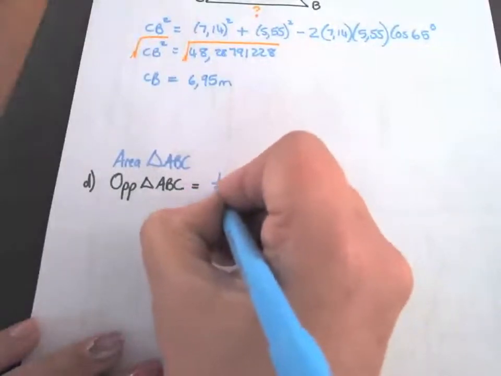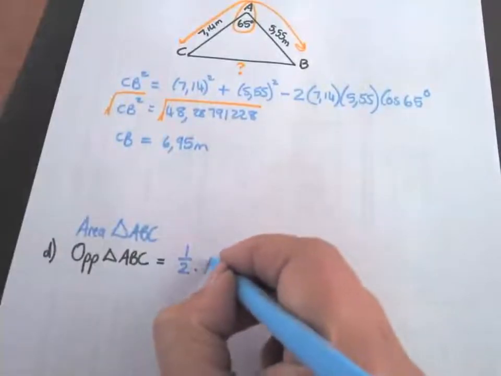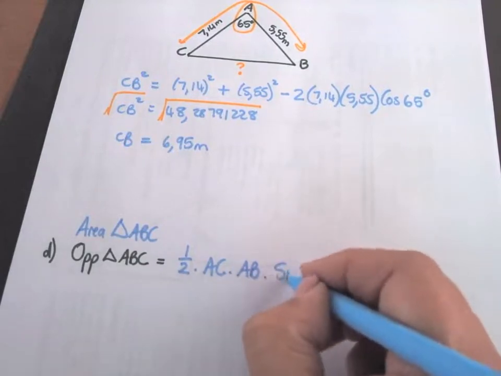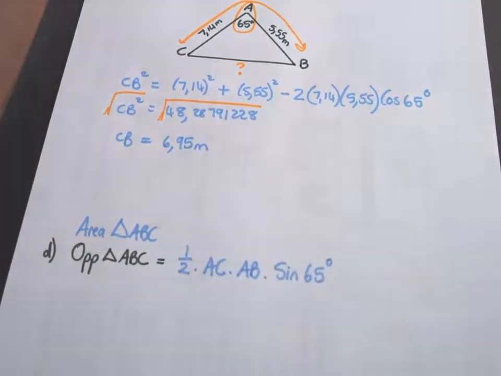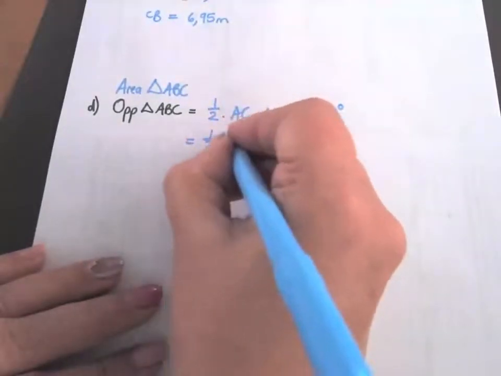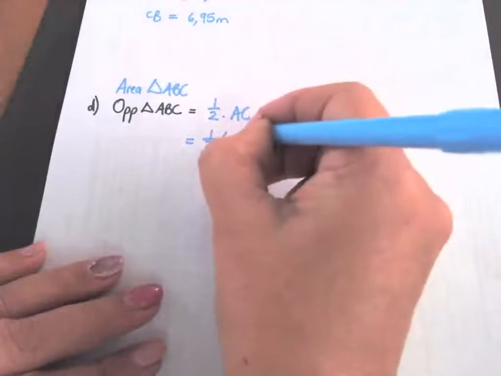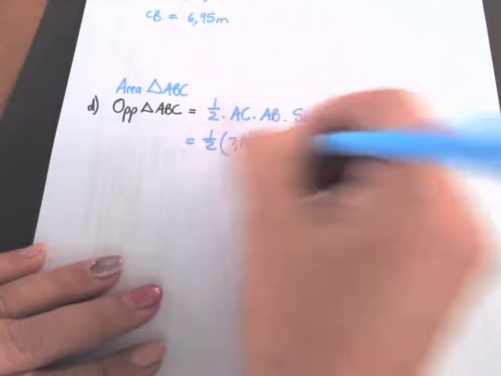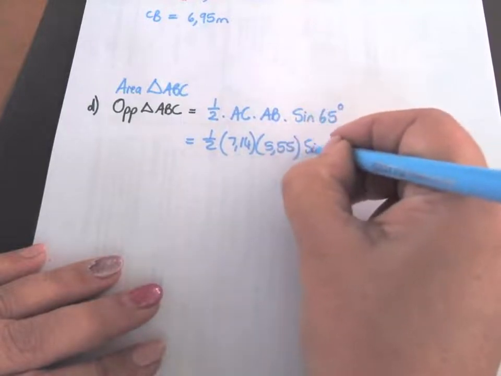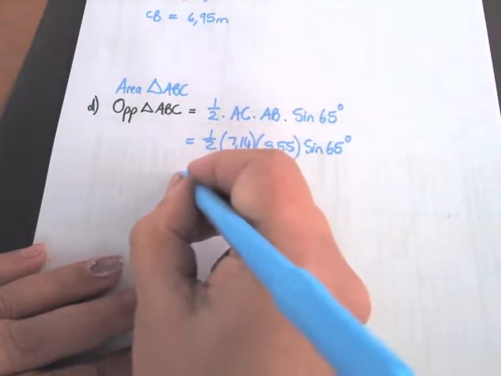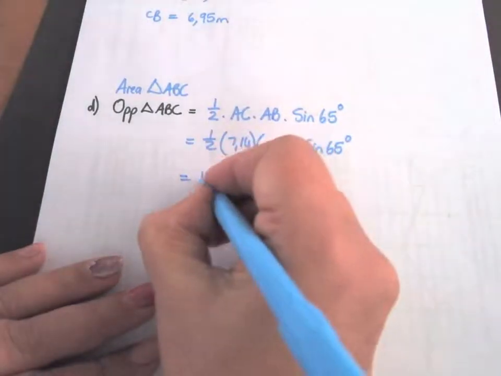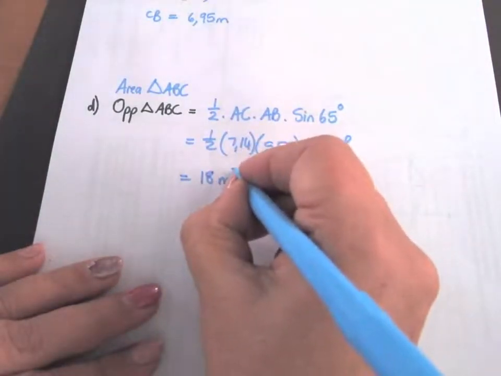So it's a half times AC times AB times sine 65 degrees. That is a half times AC is 7,14 times AB is 5,55 times sine 65 degrees. Type that into your calculator and then you get 18 square meters.